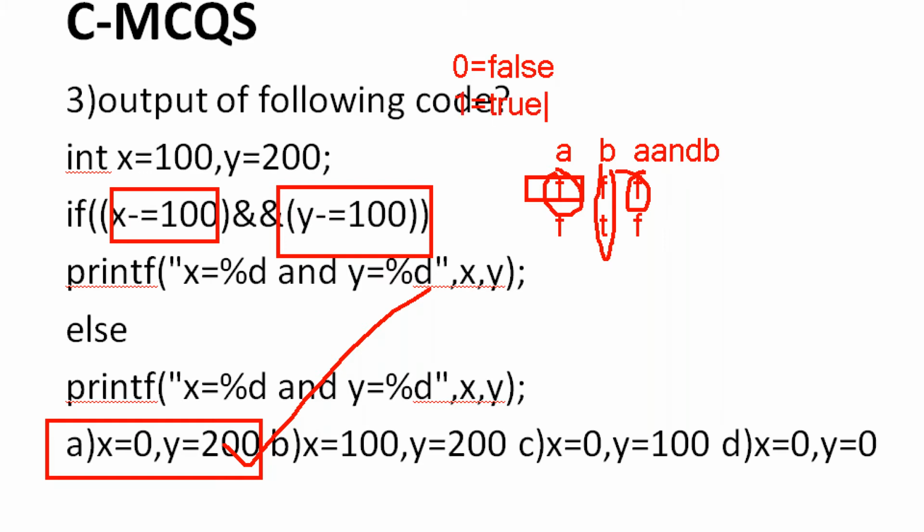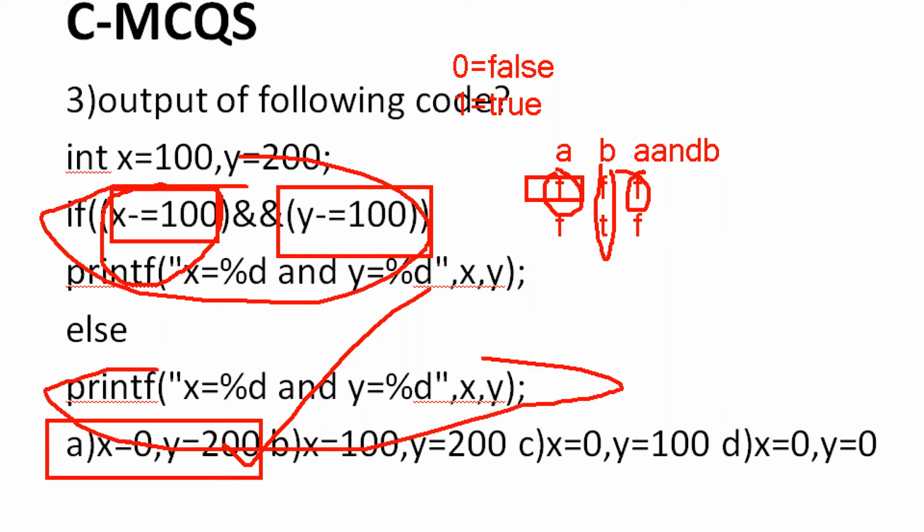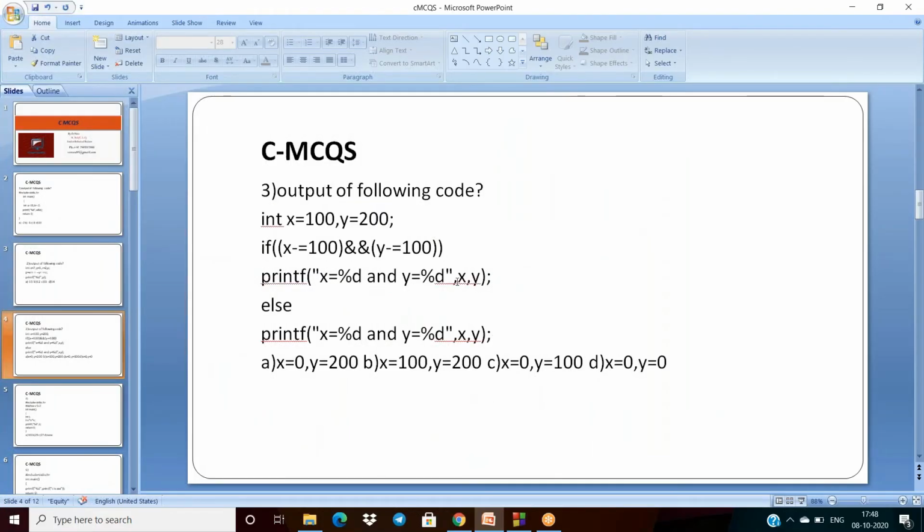False and anything will be overall false. False means the else block is executed, so it will print the x and y values. It will print x is 0 and y is 200. y is not modified, that is why the output is that.